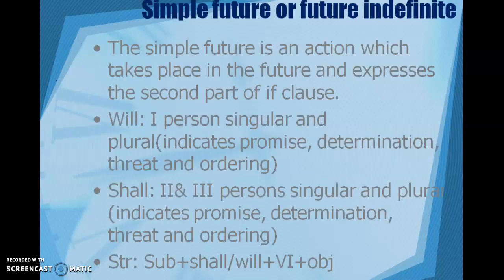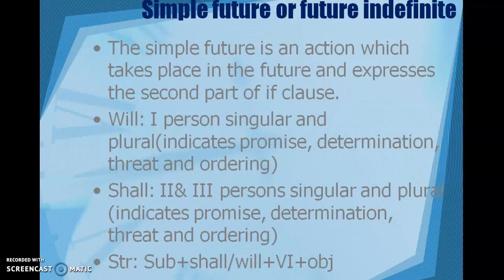Dear students, the first tense is simple future. The simple future is an action which takes place in the future and expresses completely the second part of the if clause, the first type of if clause.